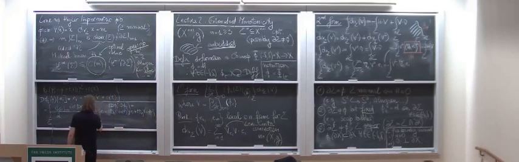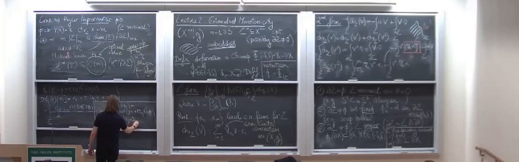So the first term will be just delta_ij, the Euclidean metric, plus t times D_{e_i} v dotted with e_j, plus D_{e_j} v dotted with e_i, plus little o of t.